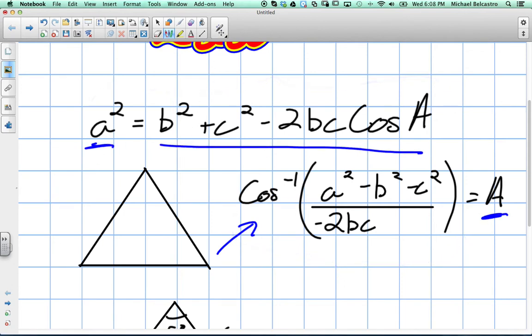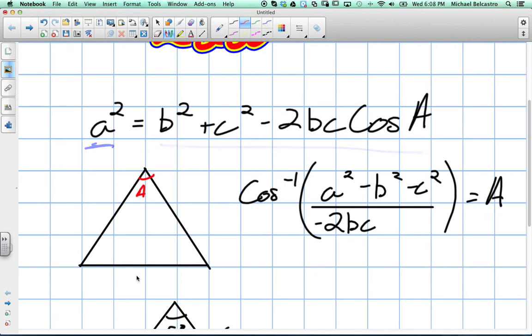Okay? So, like I said, to name a triangle, we talked about this before. If I were to call this angle A, that means side A would be the opposite, so the one on the bottom. If we were to call this angle B, this would be our opposite, and then finally C, and this would be our side C, right?